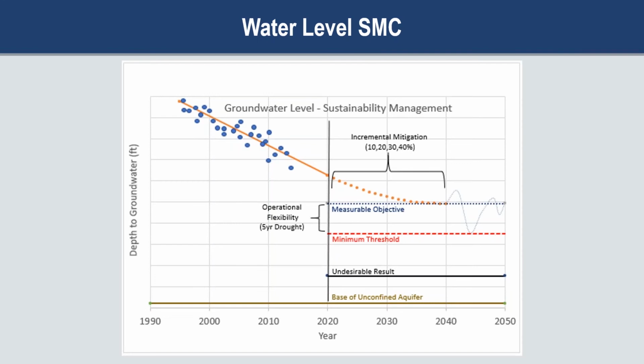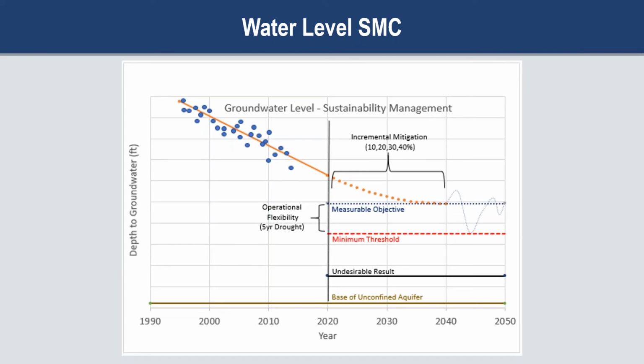So since we have so much water, an undesirable result may be when the unconfined aquifer is dewatered to the point where you can no longer pump in the unconfined. The deepest minimum threshold in MAGSA is a little over 300 feet, and the Corcoran clay ranges from 450 to 550 feet depth below ground surface. So we still have between 100 and 200 feet of water below our minimum thresholds within MAGSA.